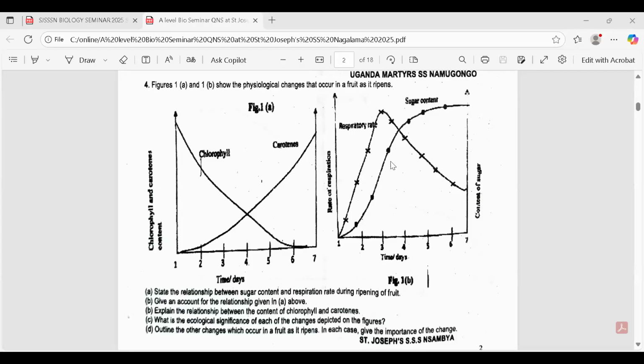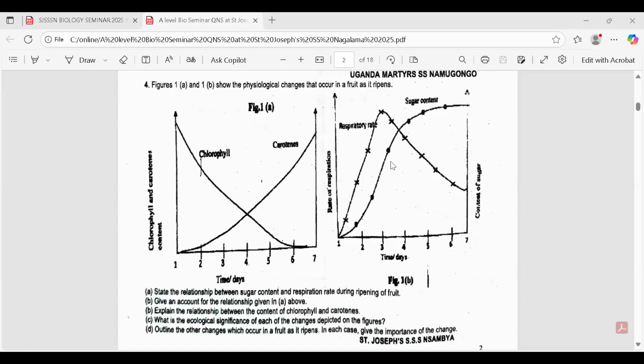For example, in this seminar, they used that. They said from 1 to 3, as the respiratory rate increases rapidly to attain a peak, comma, the sugar content increases rapidly. But we can't say that it is increasing rapidly to attain a peak. Why?